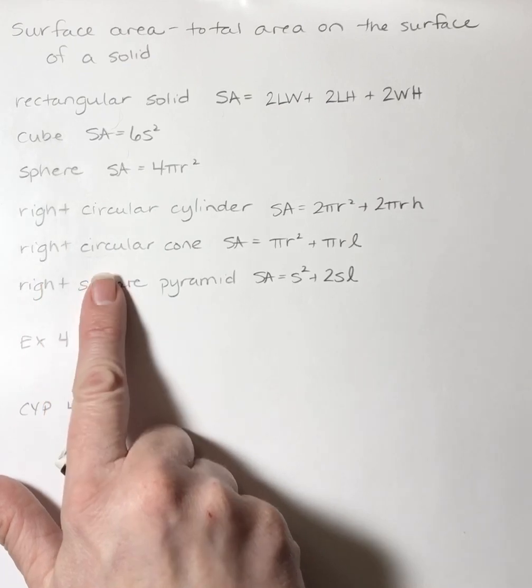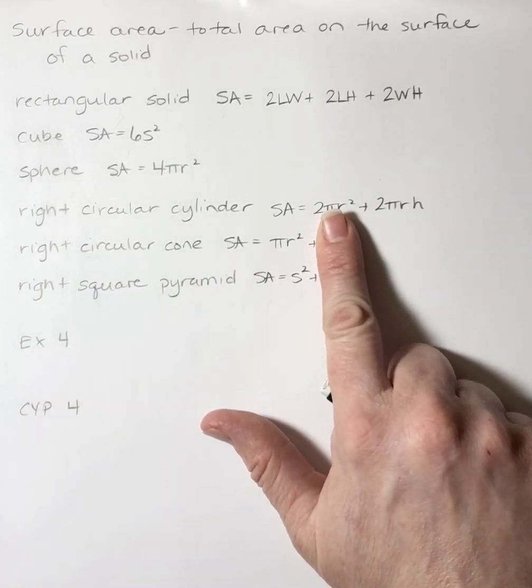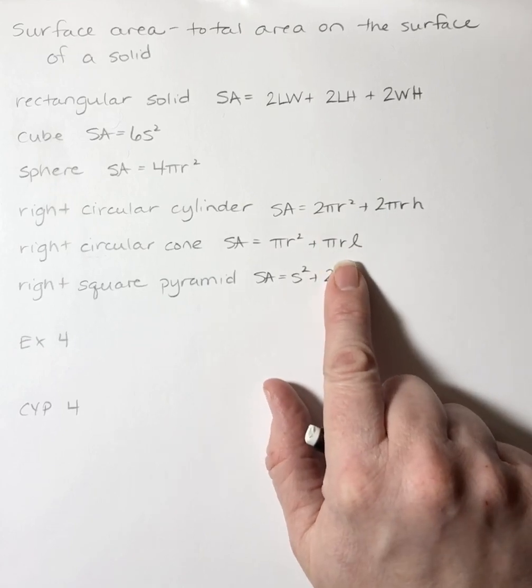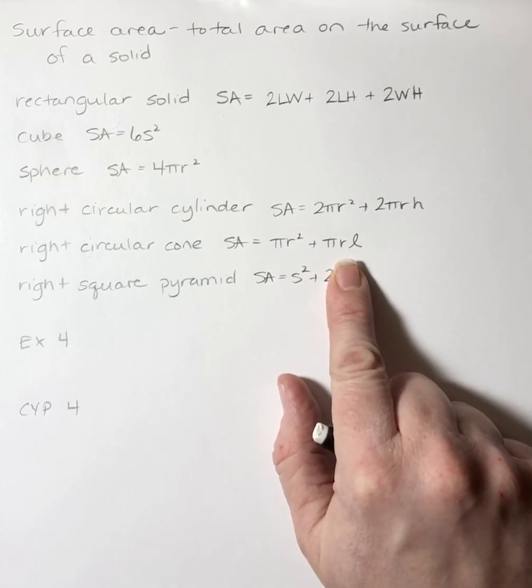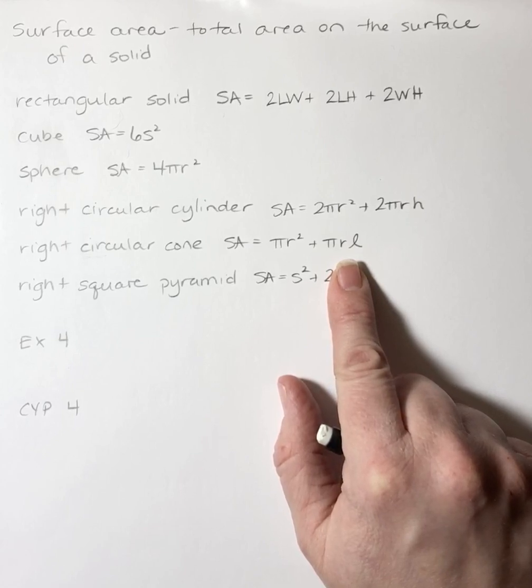So a right circular cone, you only have a bottom. And then think of yourself having a sugar cone that has a label on it that you have to peel off. That label is not a perfect triangle. It's kind of an odd shape.